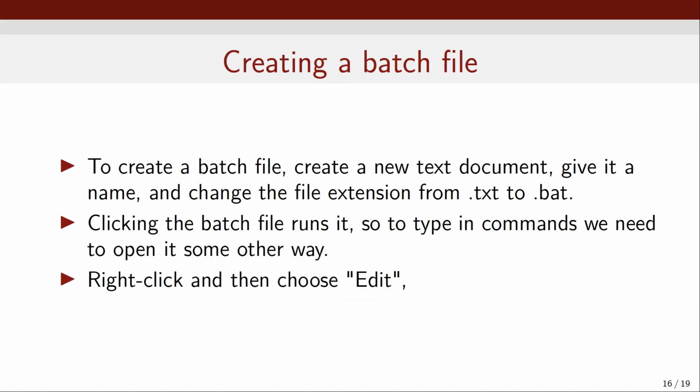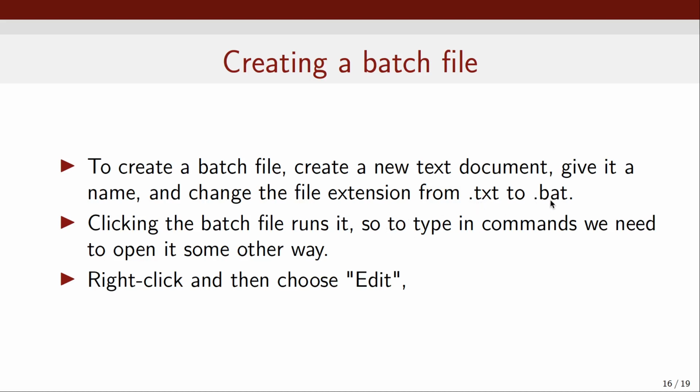And then to create such a file, a batch file, we can go into that directory and right click and select to create a new text document, give it a name, and change the file extension from .txt to .bat. So that will become a batch file. And to edit that, I can right click and then choose edit, or I can edit it before renaming it.